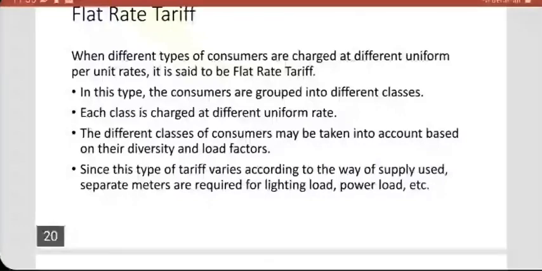Some have load continuously varying. That is also a pain for supplying companies. So they put them in a different category. The nature of application also may force companies to put some extra tariff. Tariff is the word used for the money charged. So depending on the class of the customer, a different flat rate can be applied.